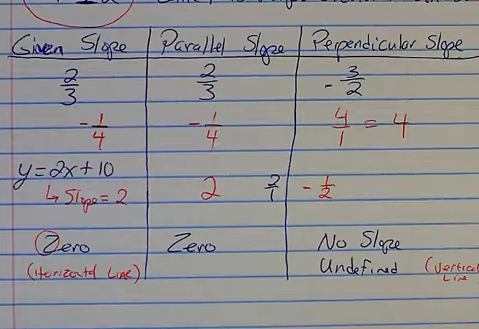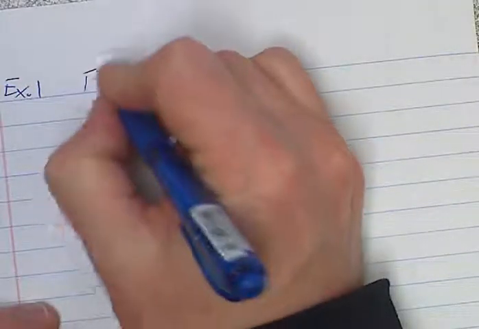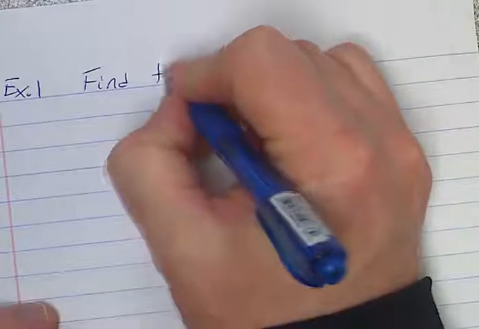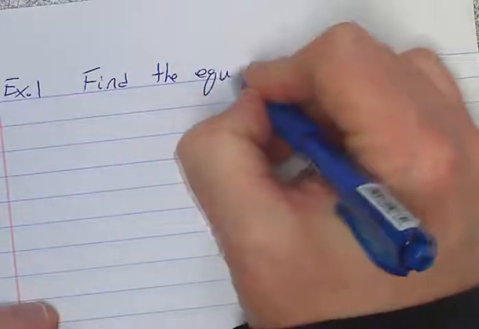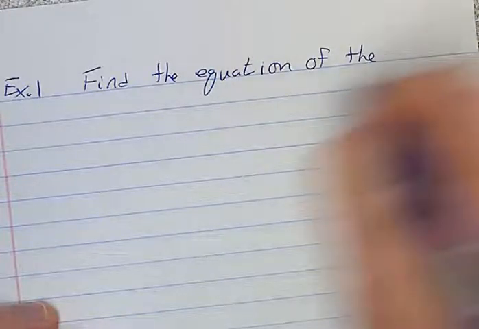Okay, now here's what we're going to do. I'm going to show you 3 examples of where they're going to ask you to write out the equation of a line, and you've got to kind of work through this one. So this is where you're going to have to put all this together to kind of see how this all fits when we're going through these. Okay, and they're all going to set up the same way.